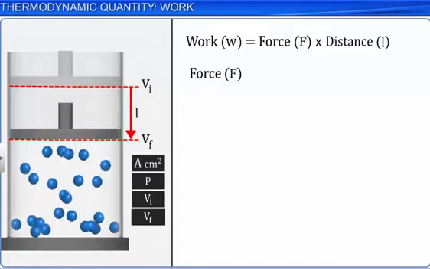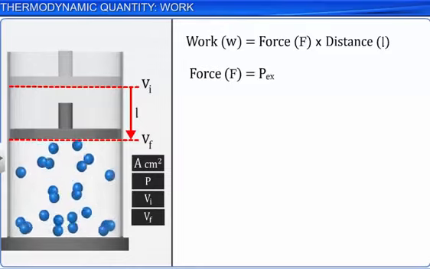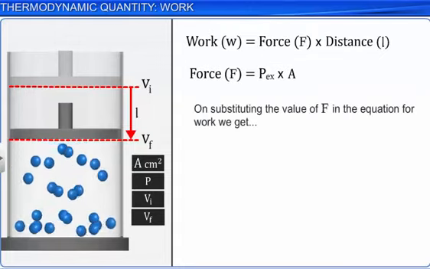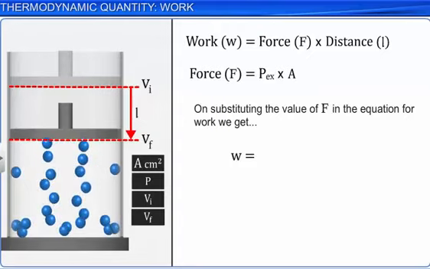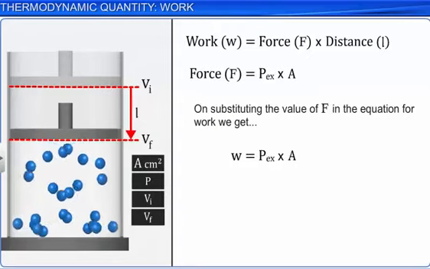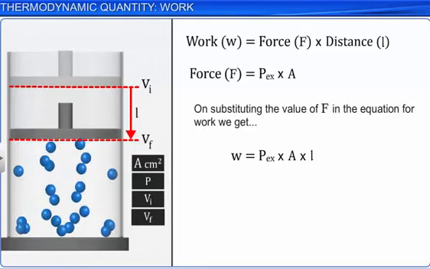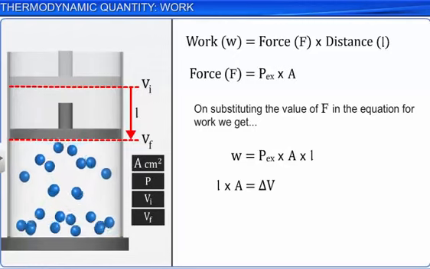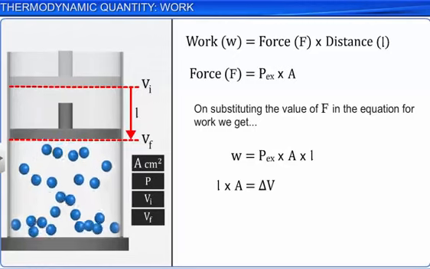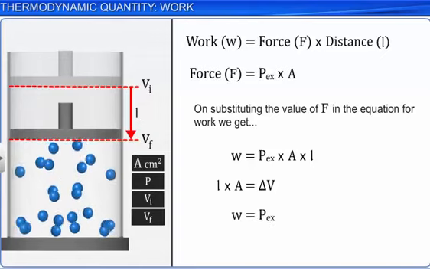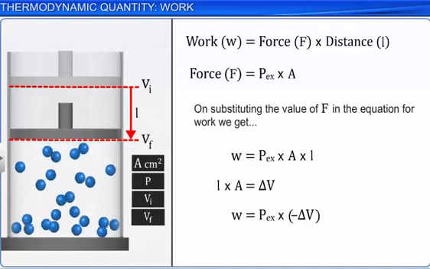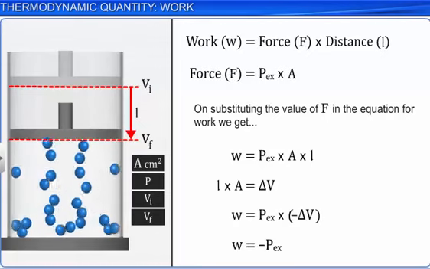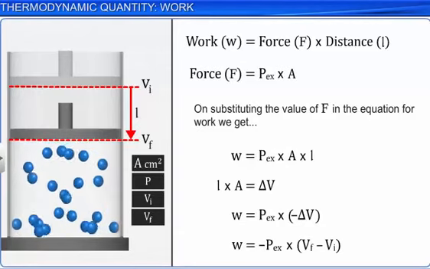But force equals external pressure Pex multiplied by area of cross-section A. Substituting the value of force in the equation for work, we get work is equal to external pressure Pex multiplied by area A multiplied by distance L. But distance L multiplied by area A gives change in volume delta V. On substituting, we get work equals external pressure Pex multiplied by minus change in volume delta V. That is, work is equal to minus external pressure Pex multiplied by final volume Vf minus initial volume Vi.